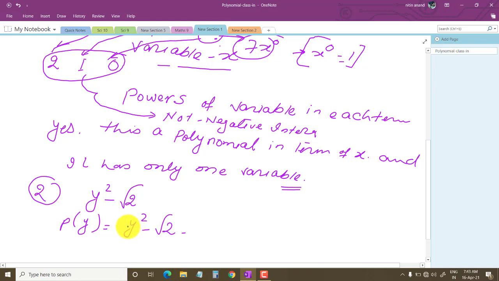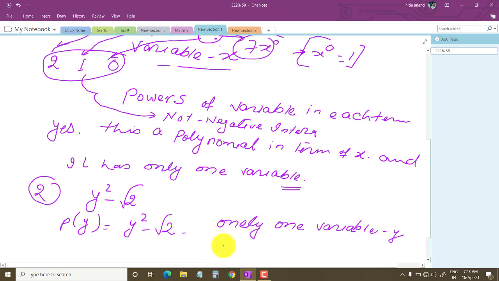And see, this polynomial has the variable y. That means it has only one variable, and that is y.